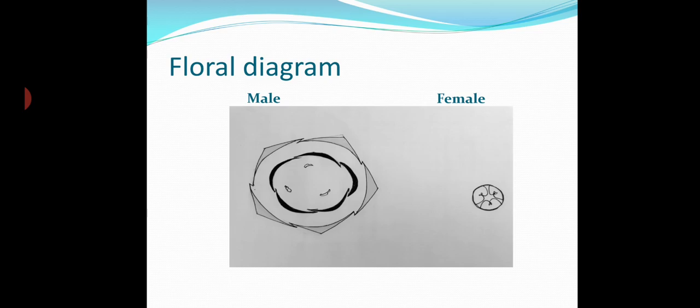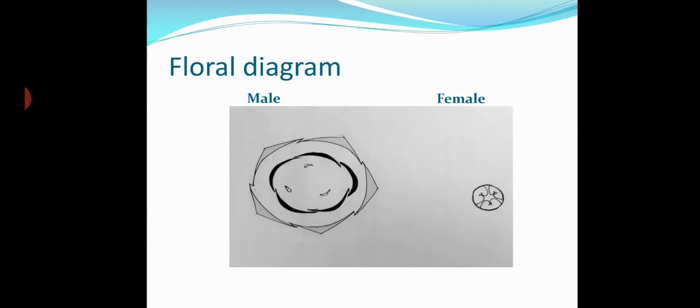The only difference in female and male floral diagrams is in the case of reproductive whorl. So, androecium would be absent in female flower. Gynoecium would be present in the center.